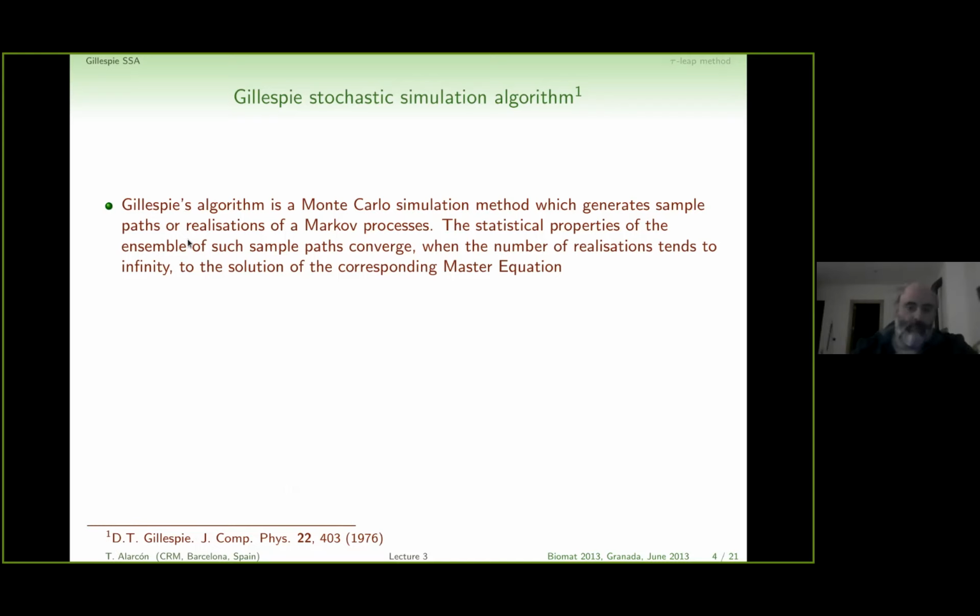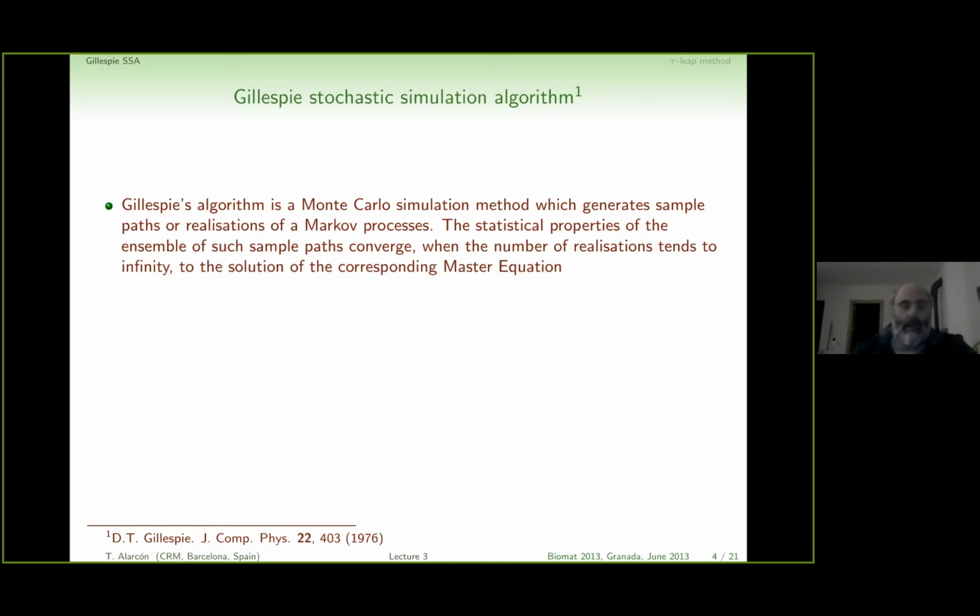Basically, this algorithm, and the one that I'm going to tell you about later, the tau-leap method, what they generate is sample paths or realizations of the Markov process.